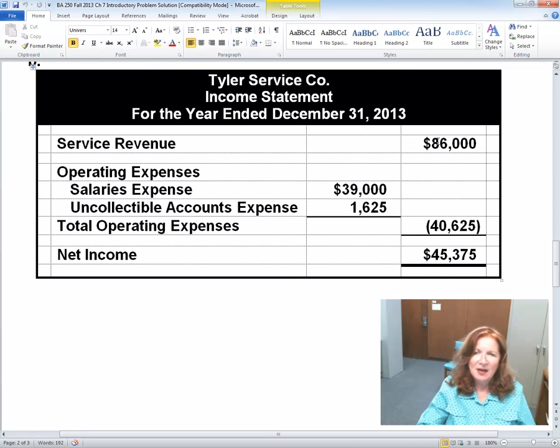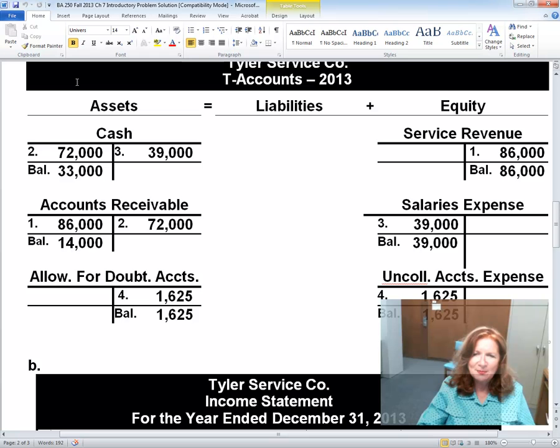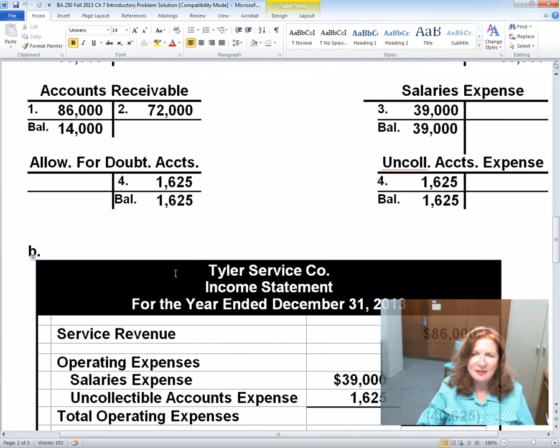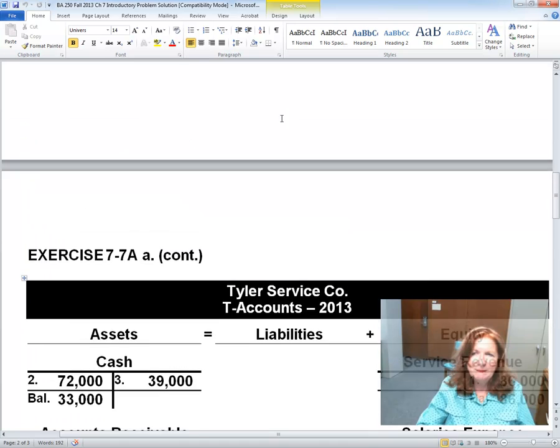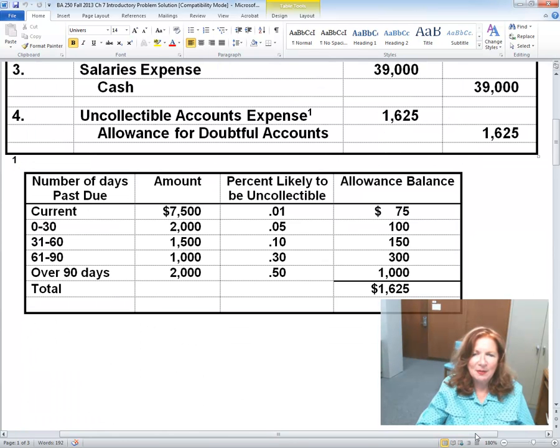Here's how the new expense is presented that you've learned in this chapter. T accounts, this contra asset has a credit balance. This allowance for doubtful accounts, contra asset has a credit balance. And then this table to age accounts receivable.